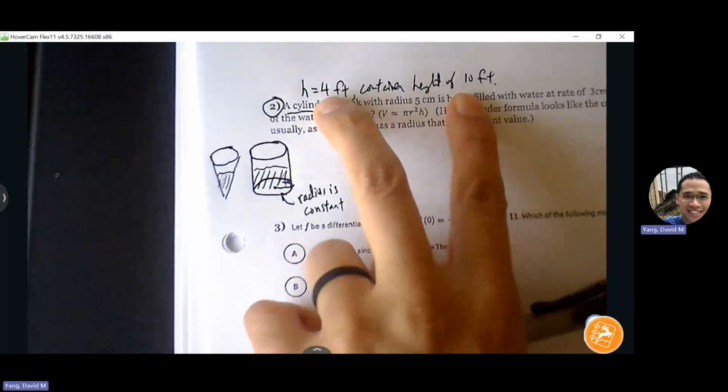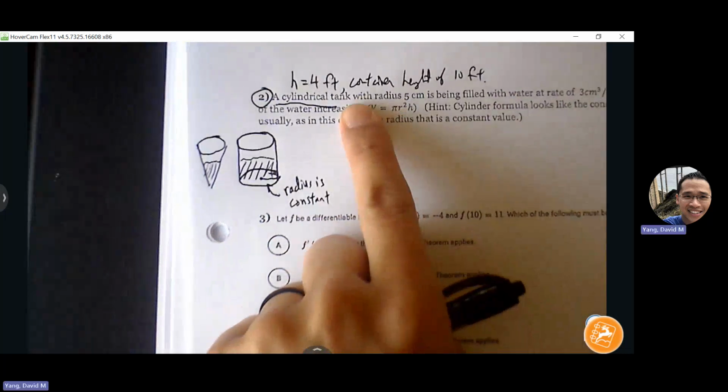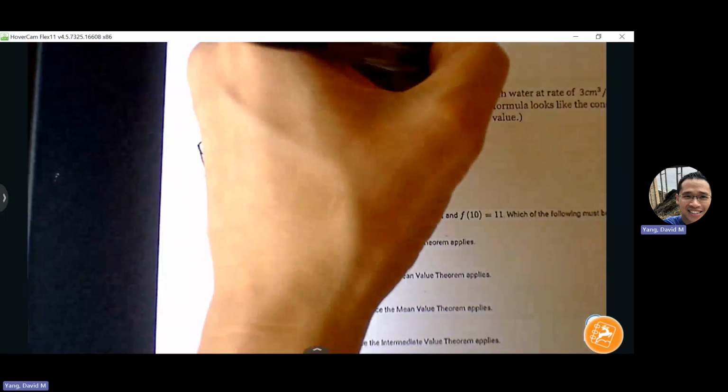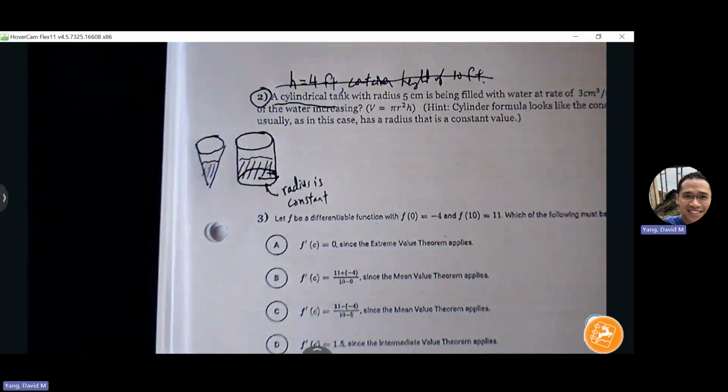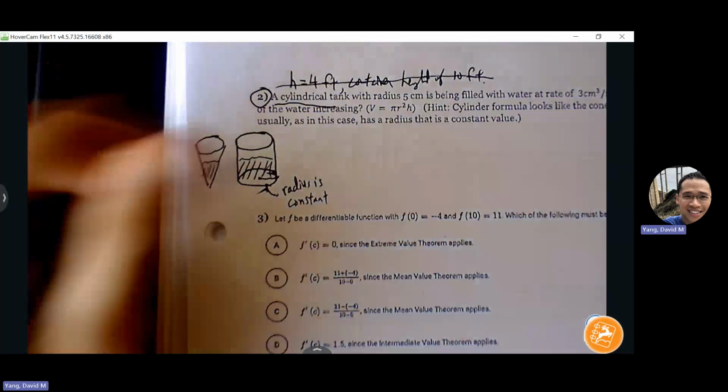They give you all this data to see if you will start setting up a similar triangle and lead you down the wrong path. So just be aware that with cylinders, sometimes you may get additional information that is not needed. With cones, we need all that information, but for cylinders, we don't, because we're not doing similar triangles. There's no triangle involved here.